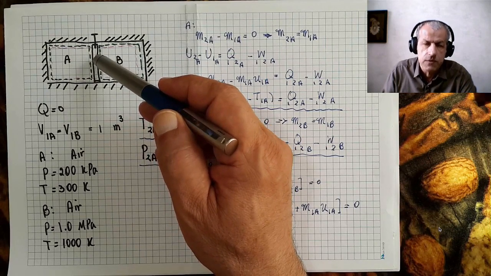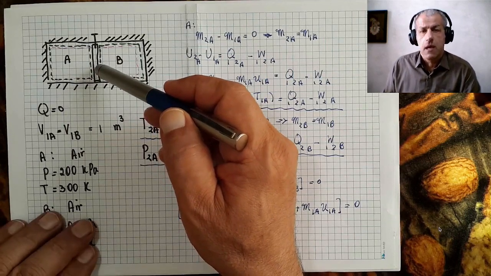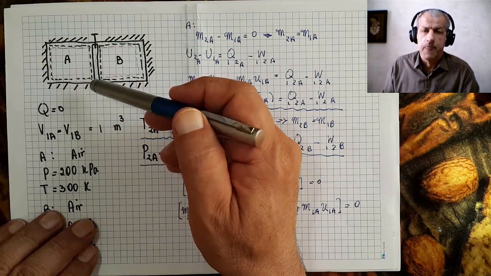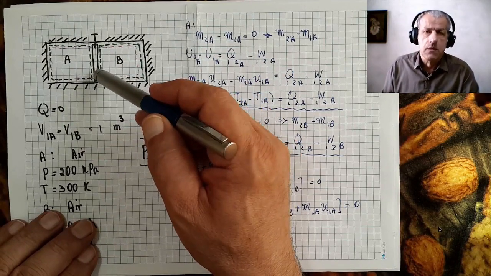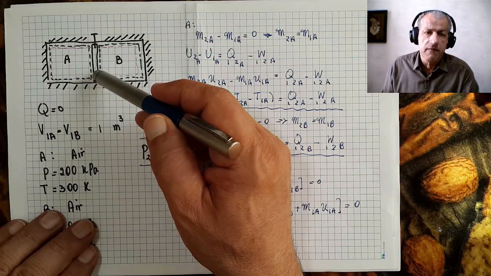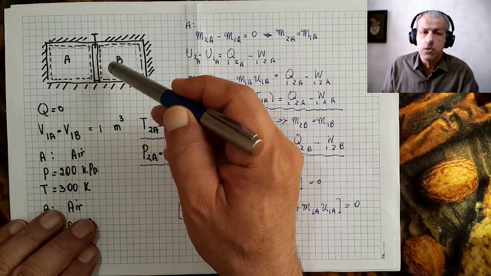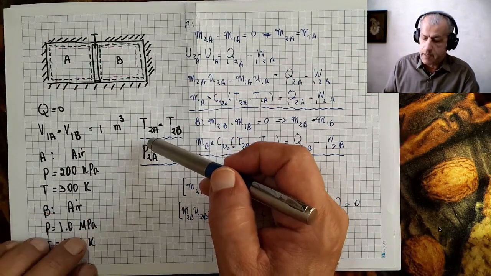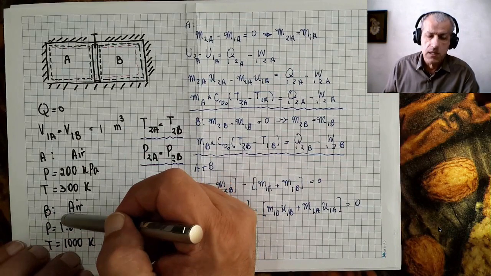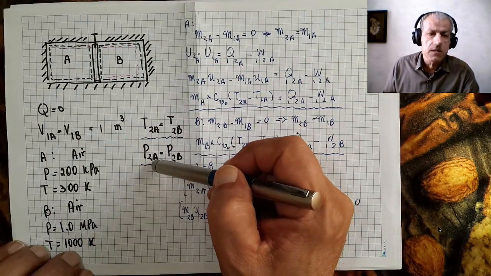This movement was only a function of the pressure difference at its two sides. At the same time, the piston was a good conductor, and eventually we expected the temperature on the two sides would equal. So we had the initial conditions, we had the final conditions.